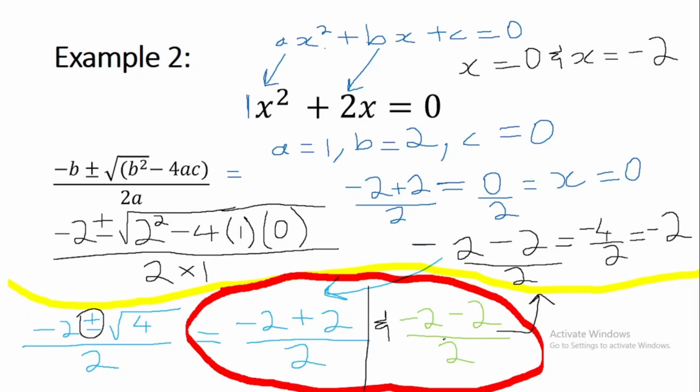So when I separate the two parts, I get a value for x from each. So x would be equal to 0, and x would also be equal to negative 2. That's the reason why we have x equal to 0 and x equal to negative 2.